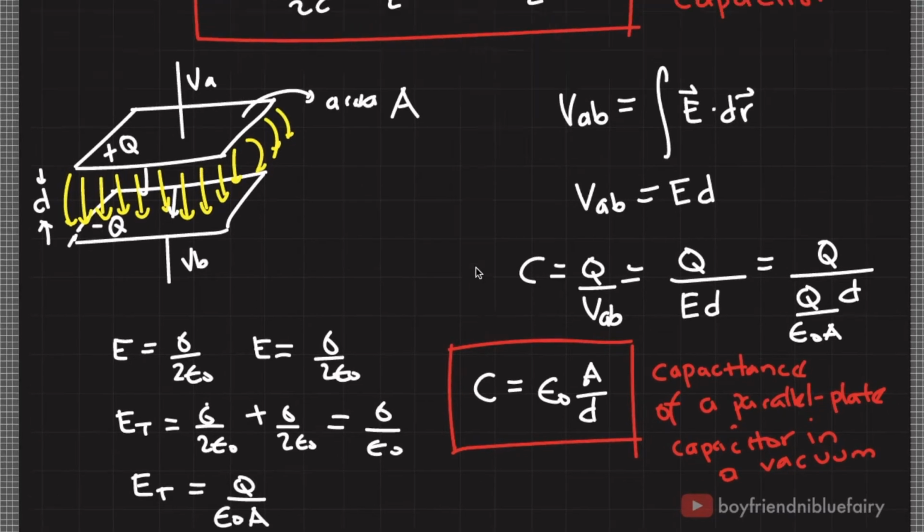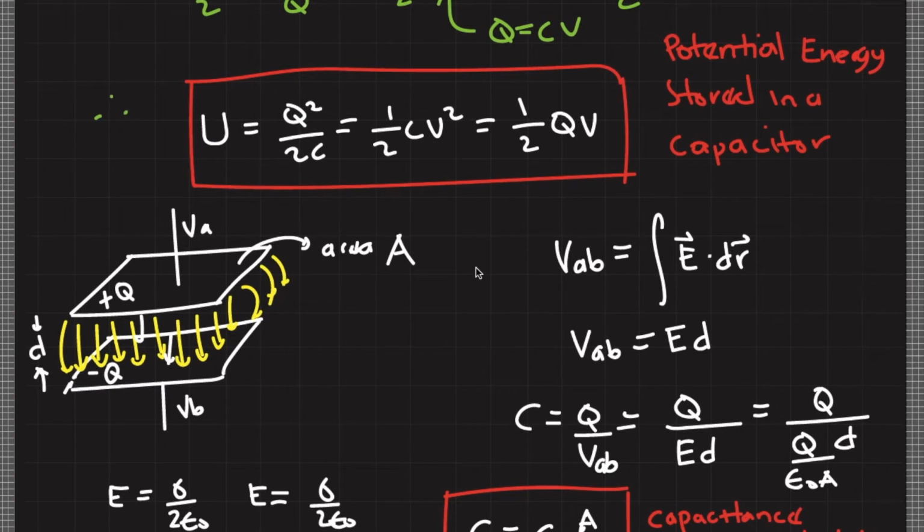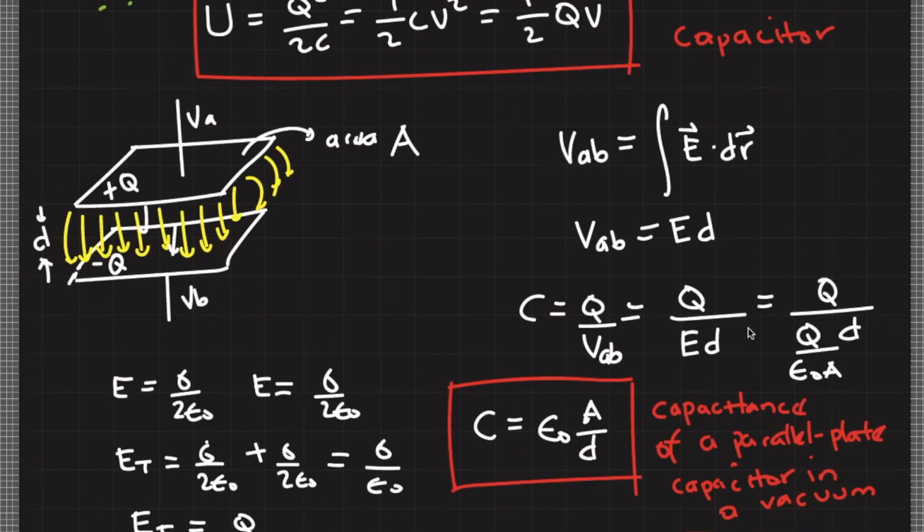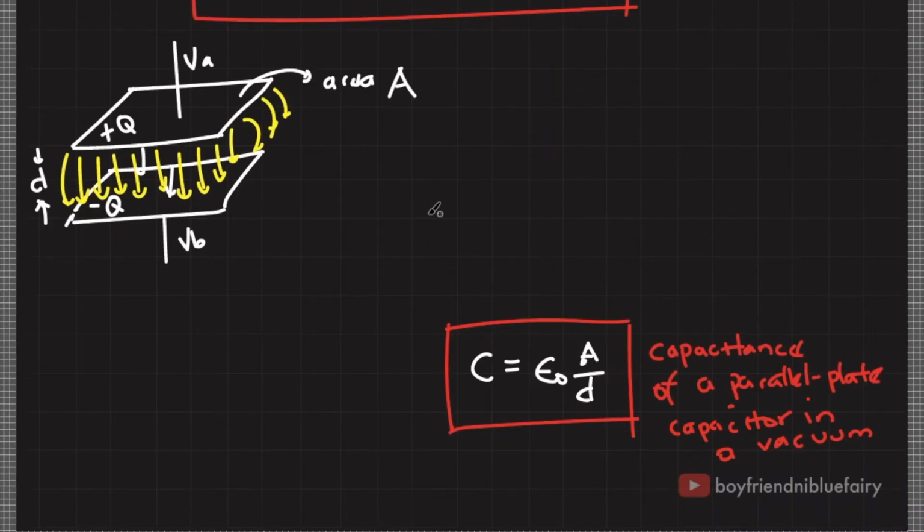Now, while we have this figure, let me go back to this potential energy. Let us compute another useful quantity called energy density. Energy density is equal to energy divided by volume.